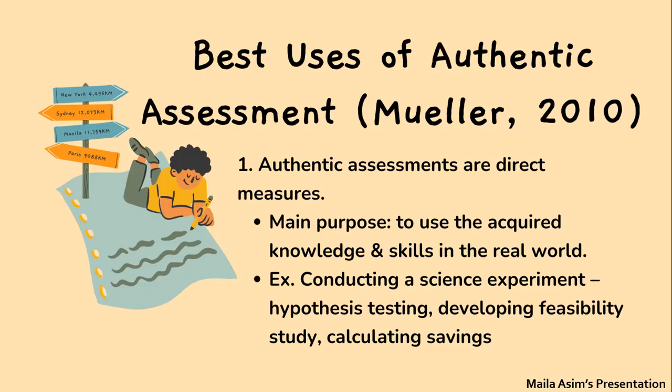Examples: conducting a science experiment, hypothesis testing, developing a feasibility study, and calculating savings. So we have acquired knowledge on how to conduct a science experiment, right? And we were taught how to conduct a science experiment. So we are applying it into direct measures or into the real world.